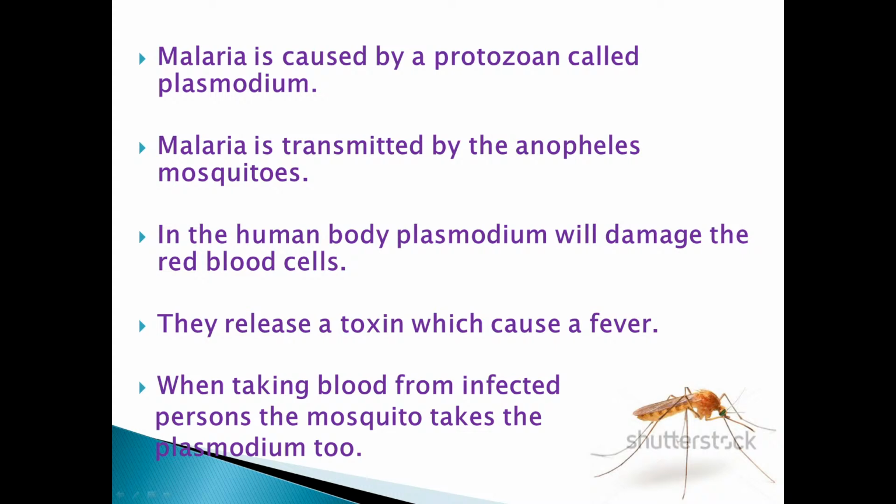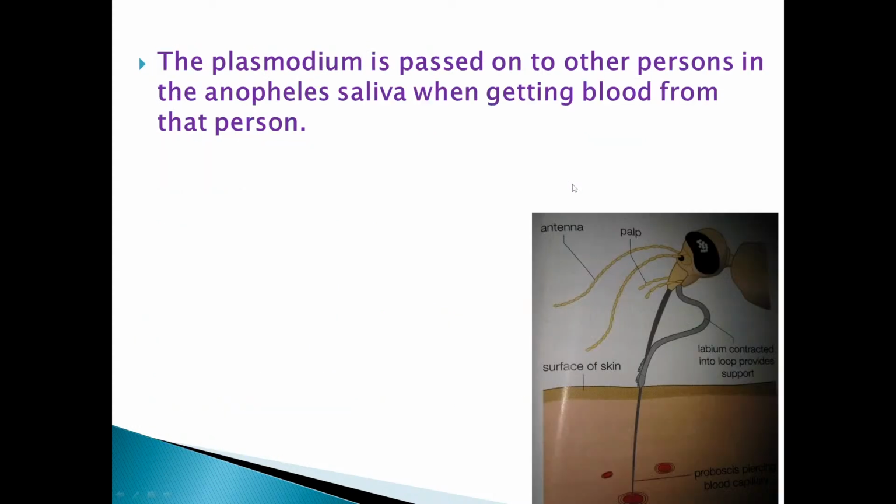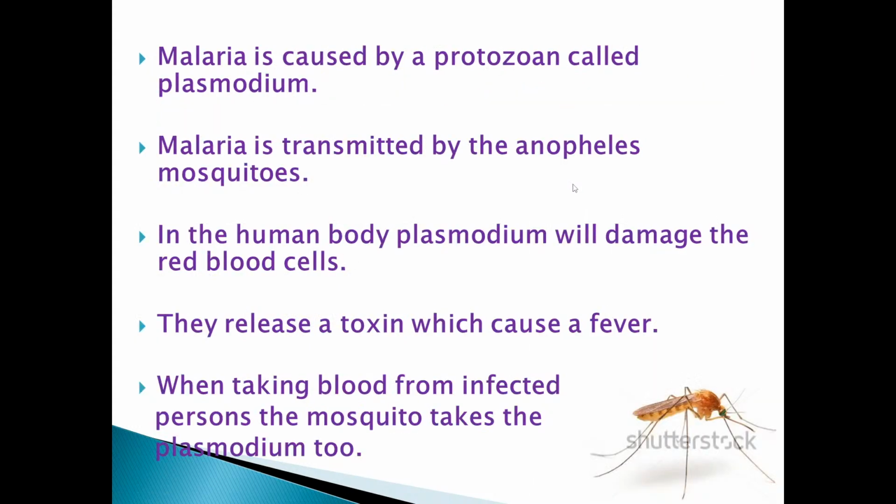And the fact that it is a toxin will definitely cause the human body to develop fever, and of course other signs and symptoms, and you can have a severe headache.